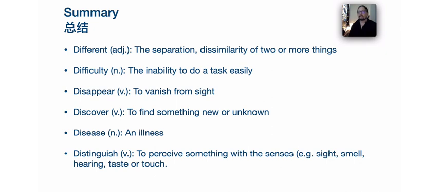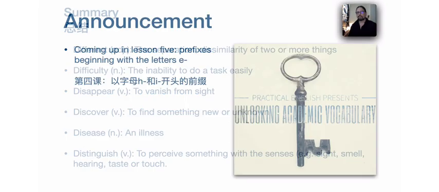Difficulty, the inability to do a task easily. Disappear, to vanish from sight. Discover is to find something new or unknown. Disease is an illness. And distinguish, to perceive something with the senses, such as sight, smell, hearing, taste, and touch.